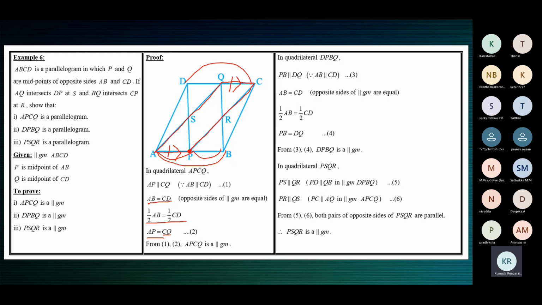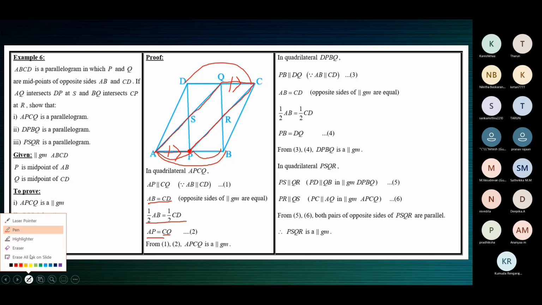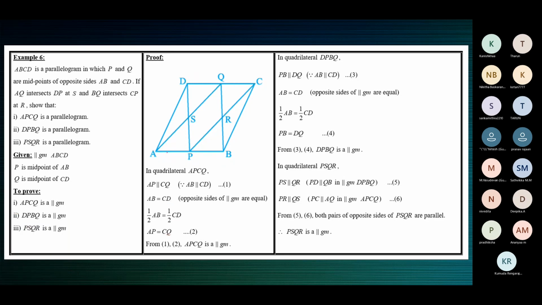Now parallel, they're already parallel because AB is parallel to CD. This is equal to this because AB is equal to CD, so half of AB is equal to half of CD. So AP is equal to CQ.